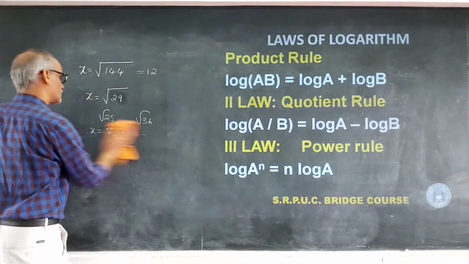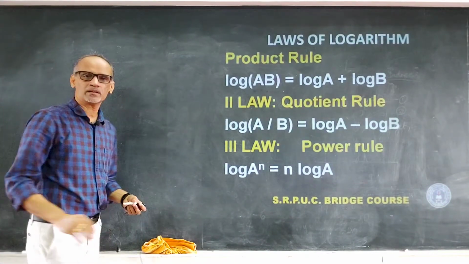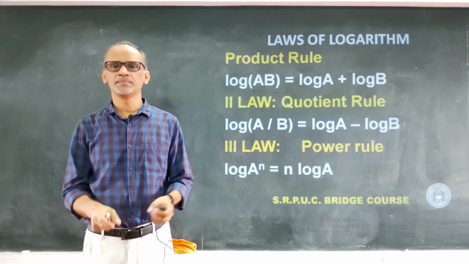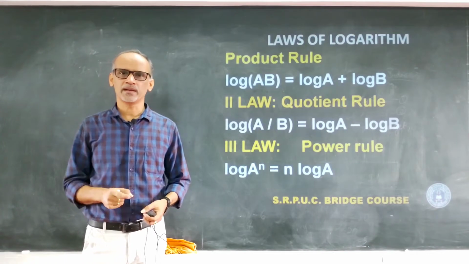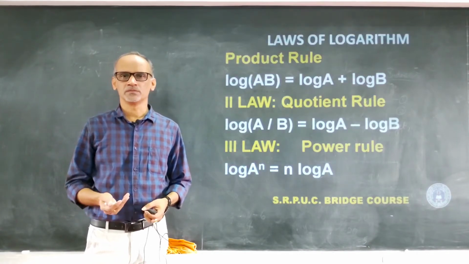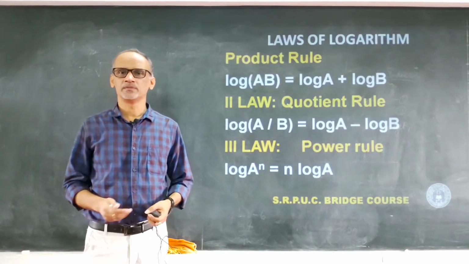But the main application is not about finding the root, but about finding the cube root. How to find cube root using a simple calculator, because there is no provision given in a simple calculator. There are other non-conventional methods, which I'll tell you later.